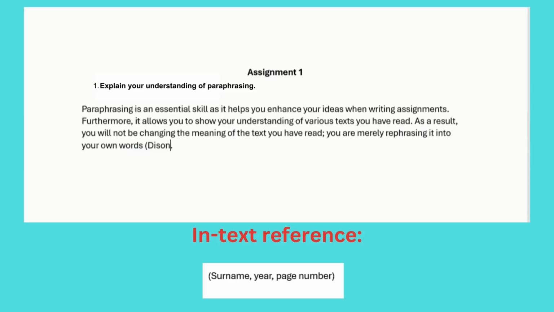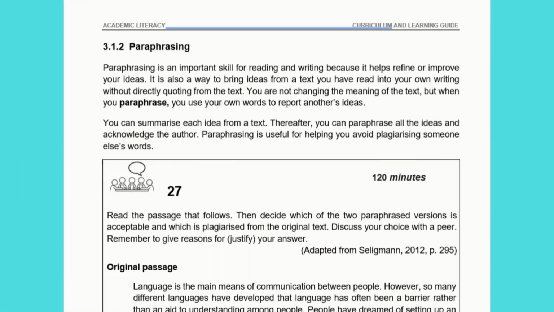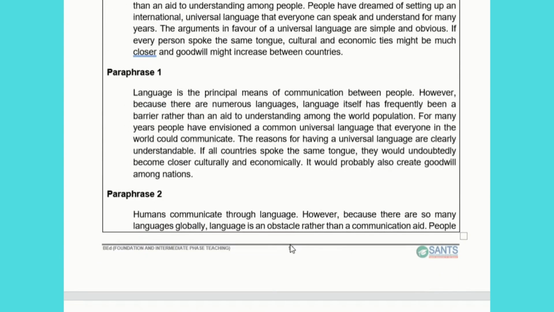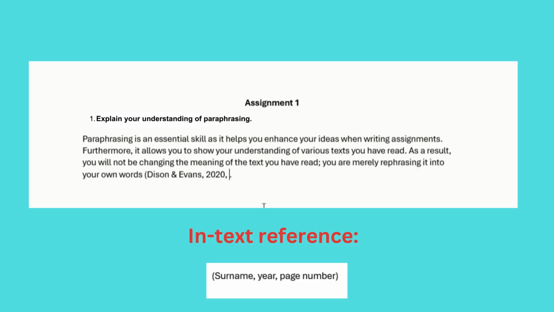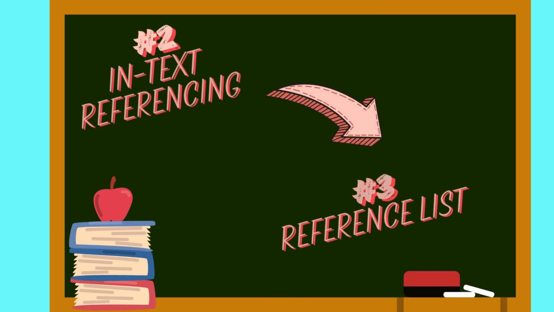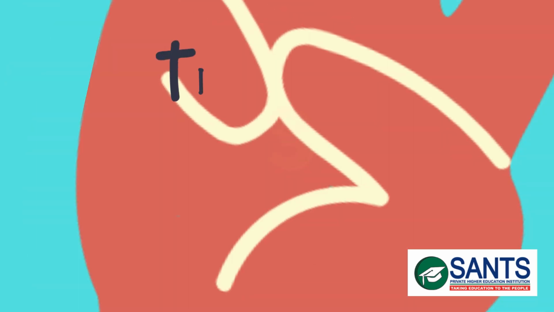To write it, you write open bracket, Dyson and Evans, 2020. The student found the example on page 94. Therefore, you will write p. 94, close bracket.